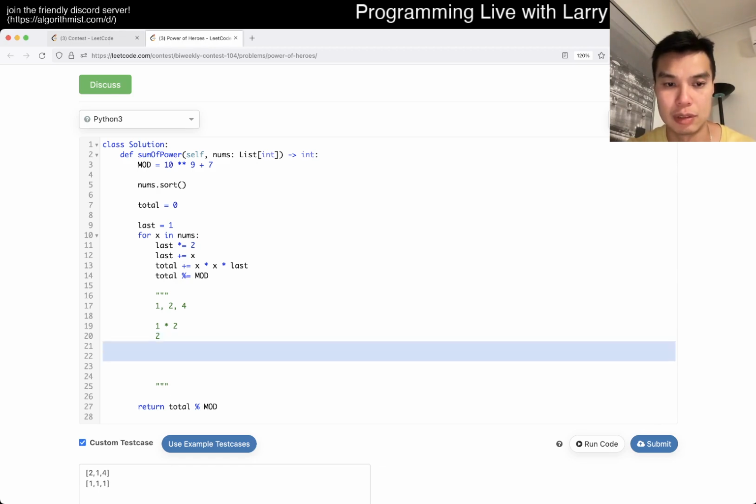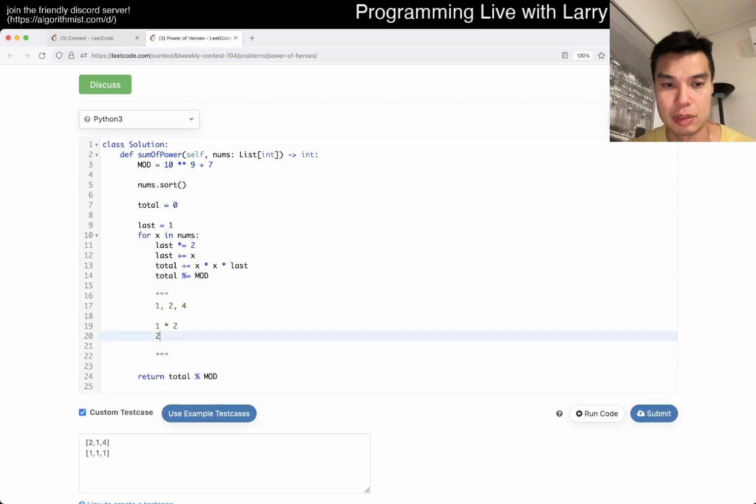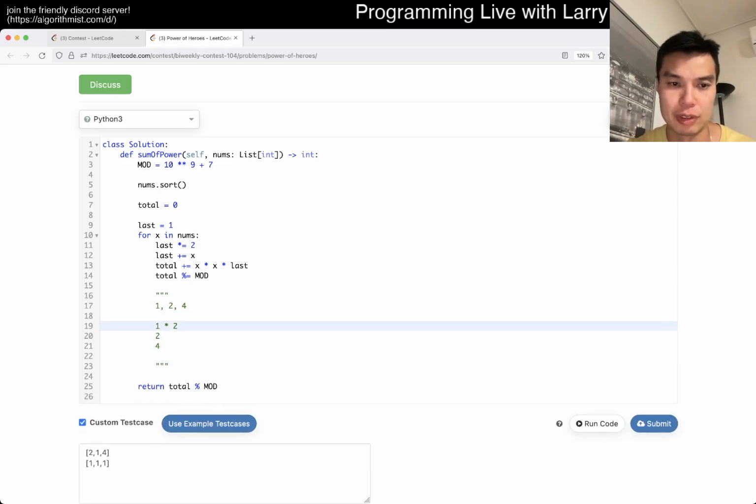Right? And then when we shift to 4, when we shift to 2, maybe it's off by 1.